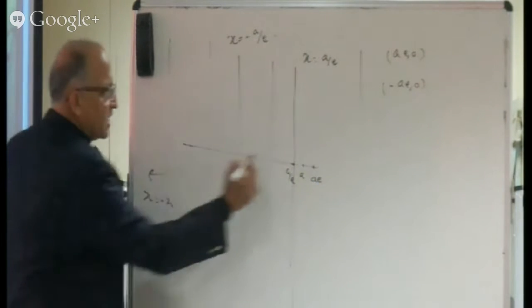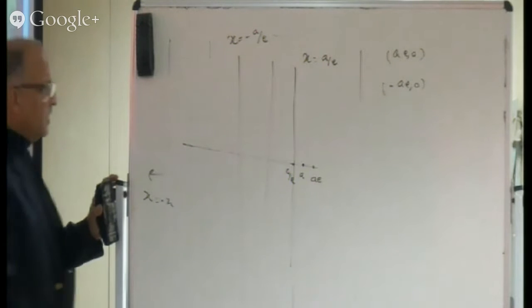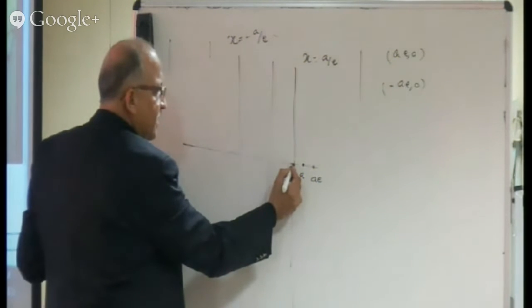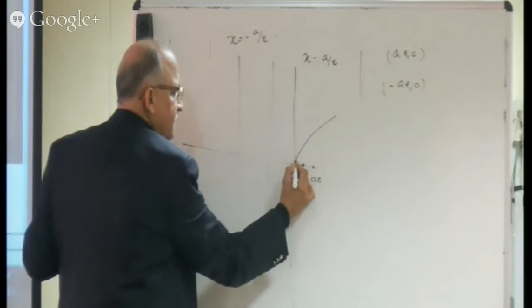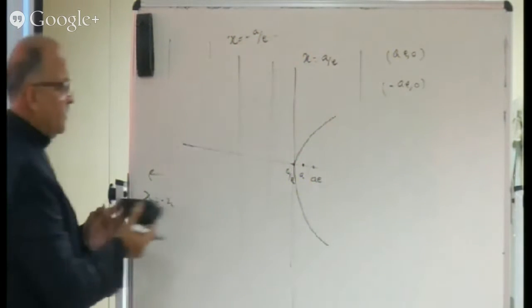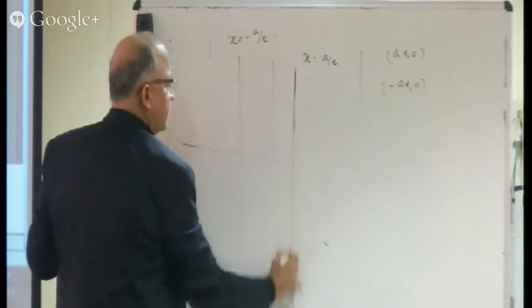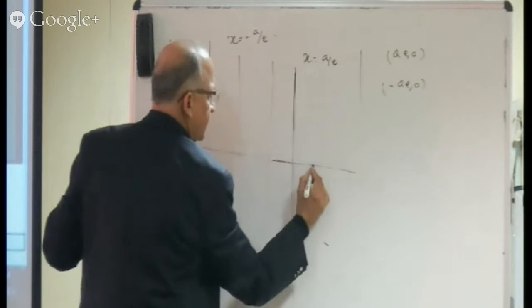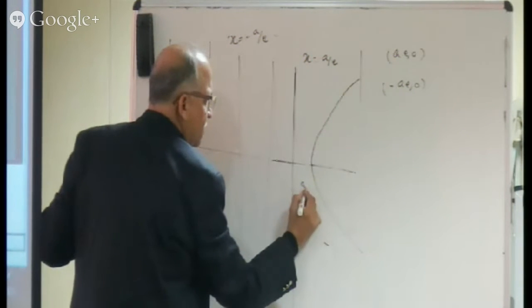And what was this? Focus. This was the center. Something like this is going to happen. This is (A, 0).